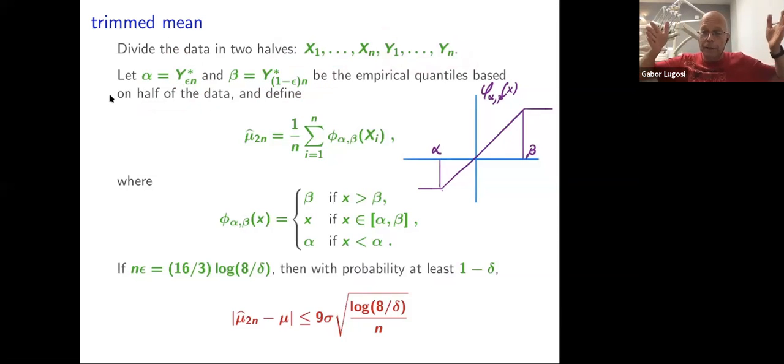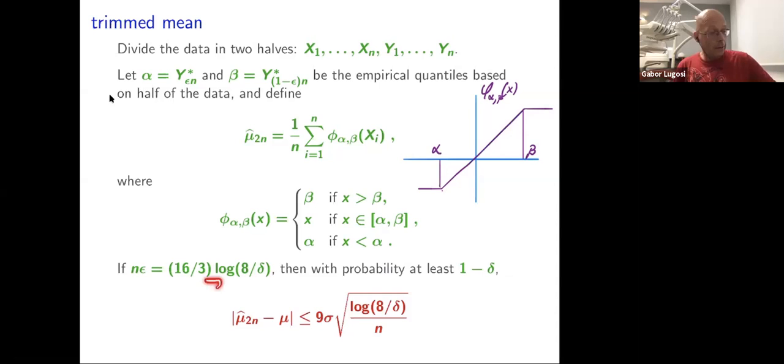These are the two empirical quantiles, alpha and beta, and now I consider this squashing function, where alpha and beta are the empirical quantiles determined from the second part of the data. I take the empirical average of all the data, where everything below alpha is replaced by alpha, and everything above beta is replaced by beta. So it's a squished estimator.